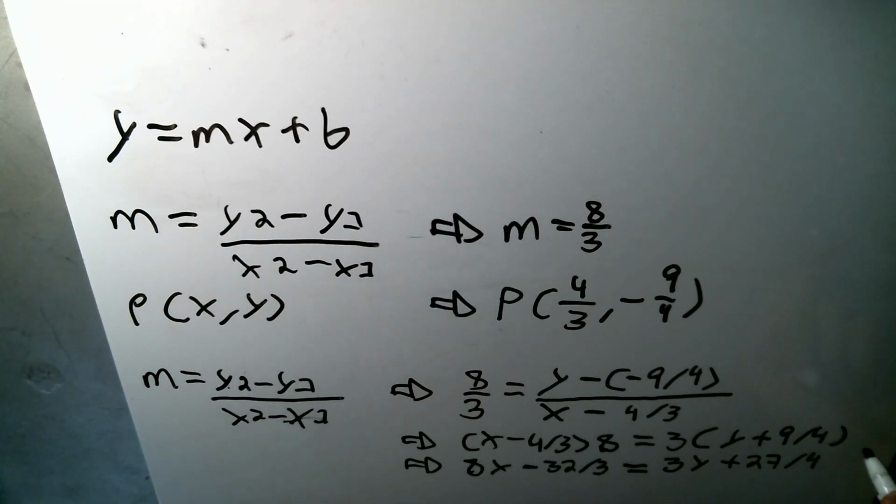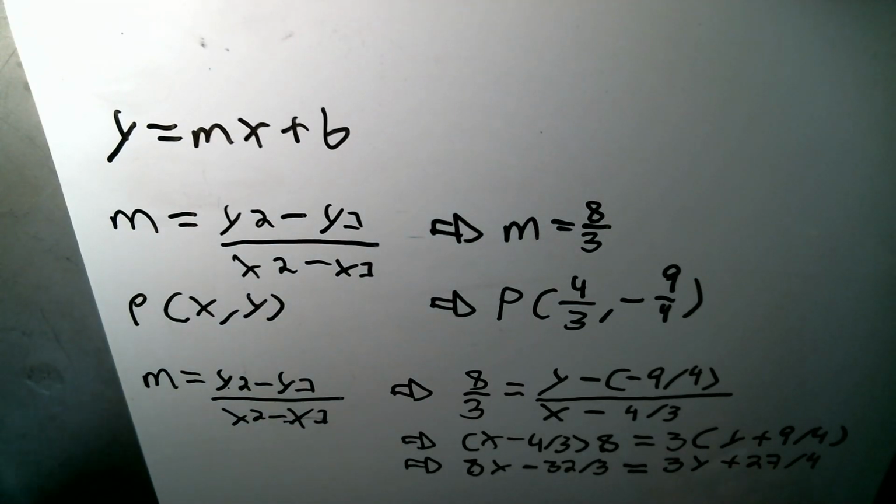Now that we have this, we're going to try to isolate y, and we're going to move 27/4 to the left. So 27/4 minus 27/4 will be 0, and because we do this on the right side, we will have to do it on the left side too.